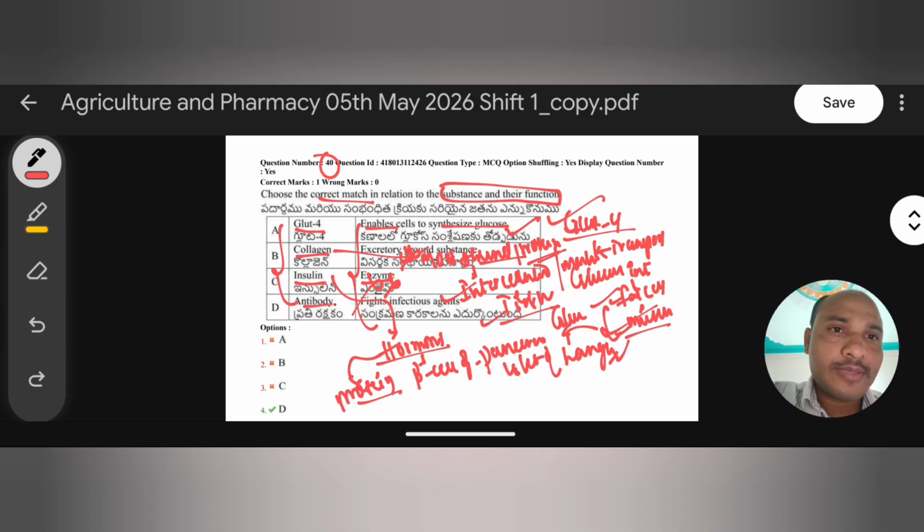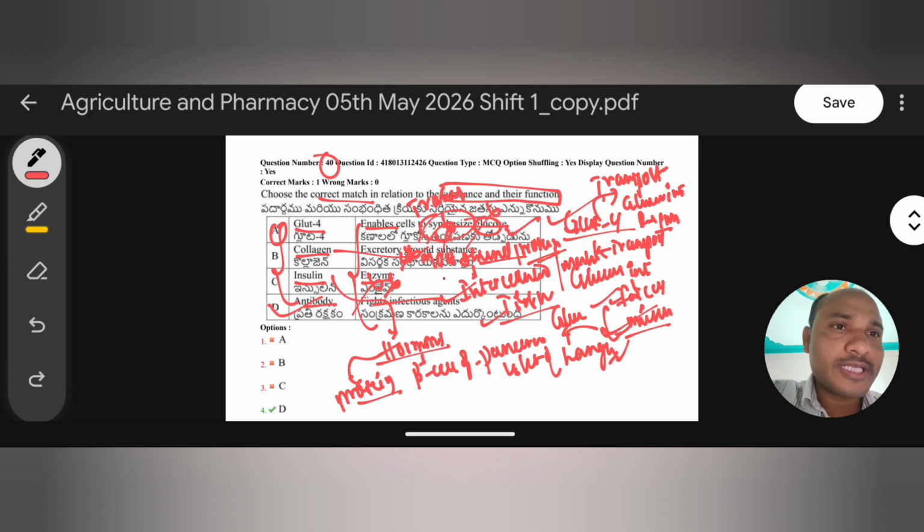Coming to the next, antibodies fight infection agents. Yes, this statement is right. Why? Because in the first statement A, GLUT4 which enables cells to synthesize glucose, no, not synthesize the glucose. It only helps to transport glucose into the cell. Remember, I made a mistake here. GLUT4 does not help to synthesize glucose in fat or muscle cells, it only helps to transport glucose into fat cells and muscle cells. But the question says synthesize, so not synthesize, only transport.